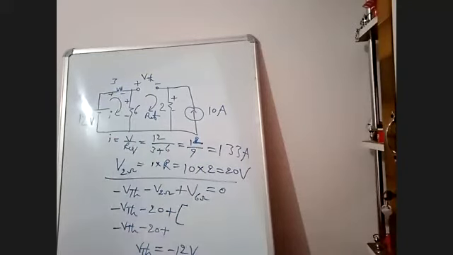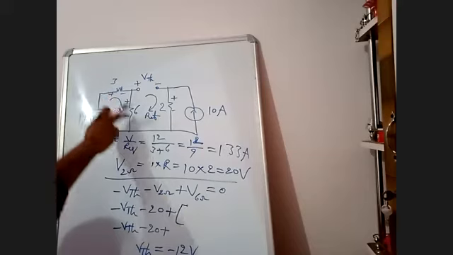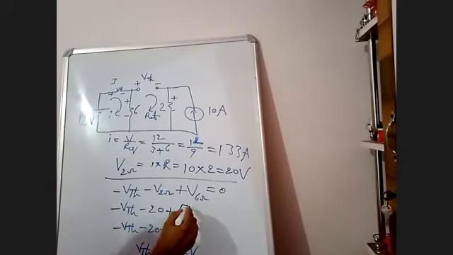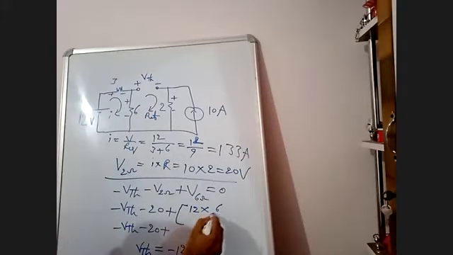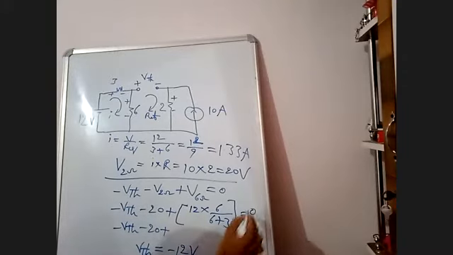In series, we can apply the voltage divider. What is the total voltage for 3 and 6? 12. The same branch resistance divided by 9, the sum of resistances of the series connection. How much will you get here? 12 into 6 by 9, how much?